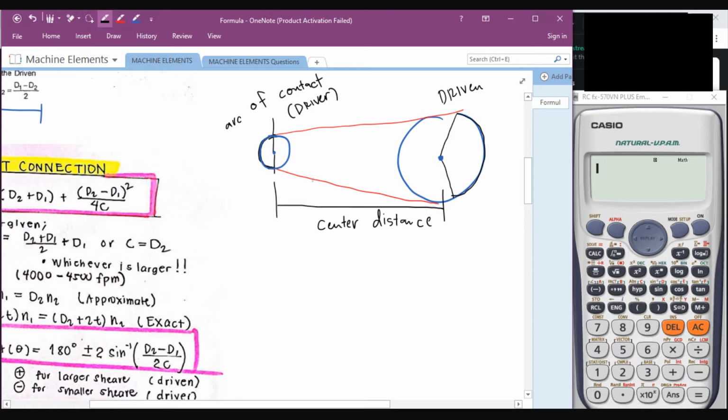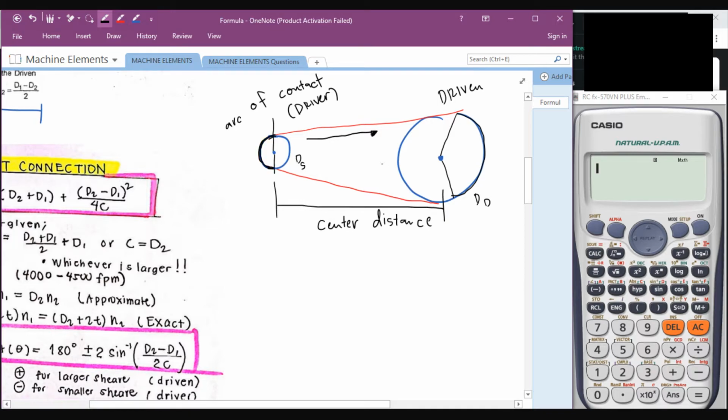Now, kung meron ka ditong diameter nung pulley or diameter of the driver, diameter of the driven, so meron ka ditong DS na lang sa sheave, and then dito sa driver of the driven, meron kang constant speed dito.